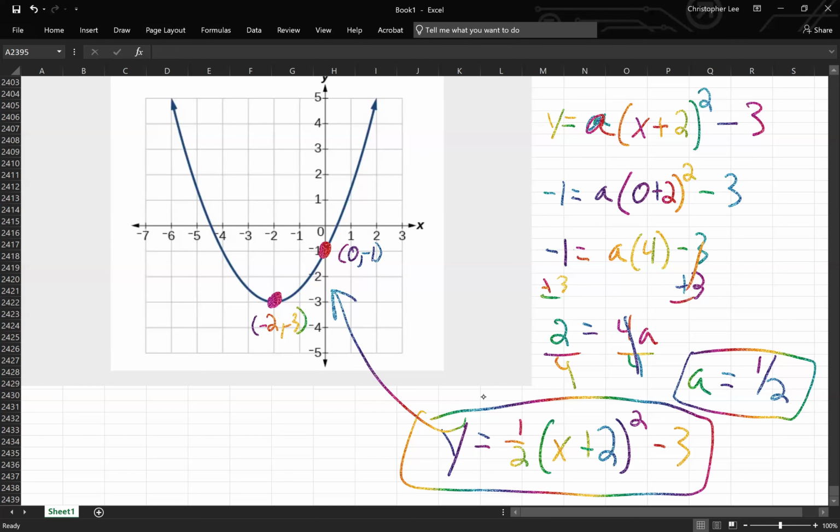Then after that, I found a point on the graph. That was the hard part. And then I took that point, plugged it in for X and Y to solve for A. Now that I have A, I have the full equation right there, right? If I wanted, I could even go a step further. I could expand this vertex form and put it into ax squared plus bx plus c form if I wanted to. All right. So that's how we do that.